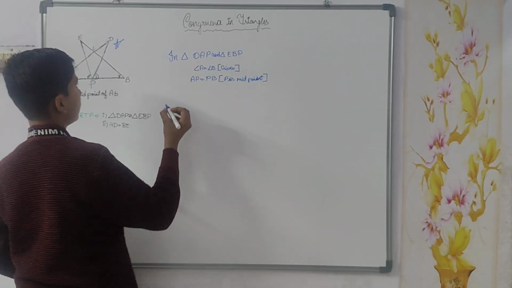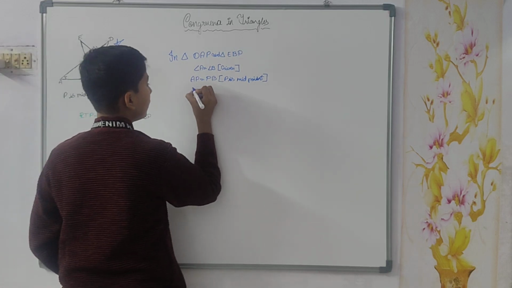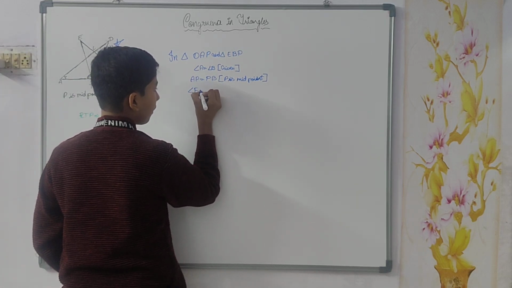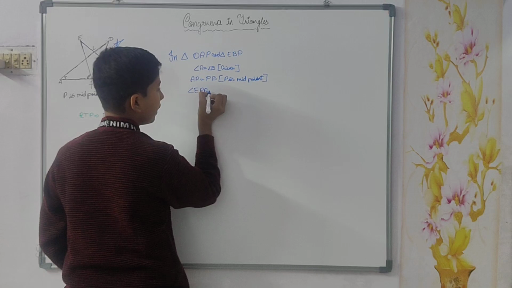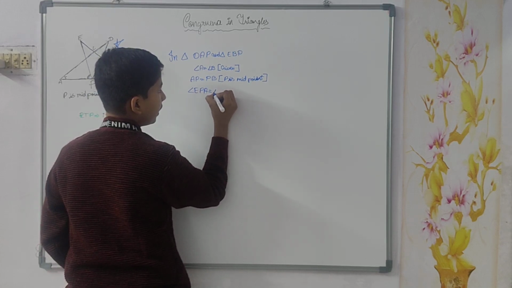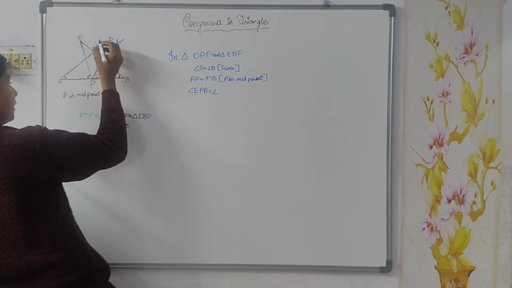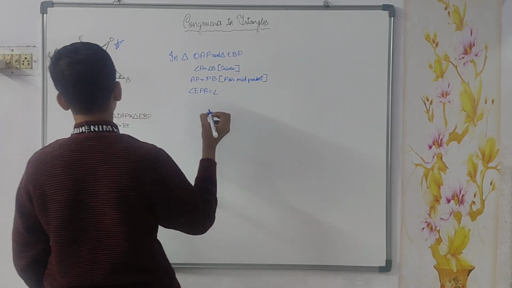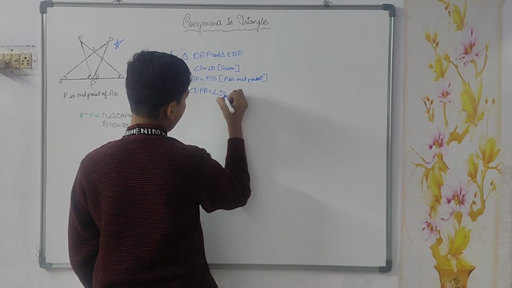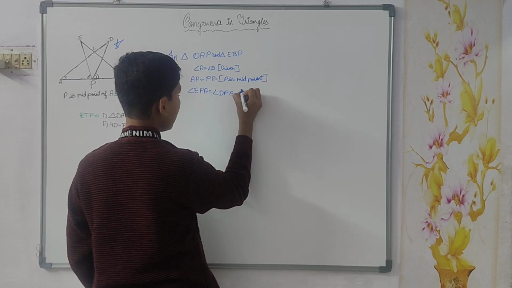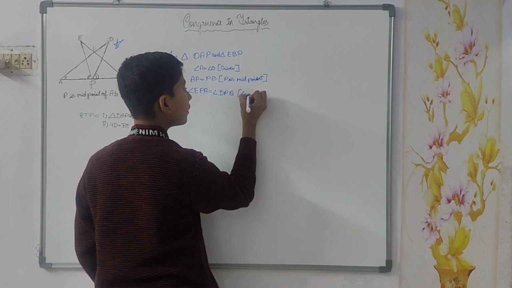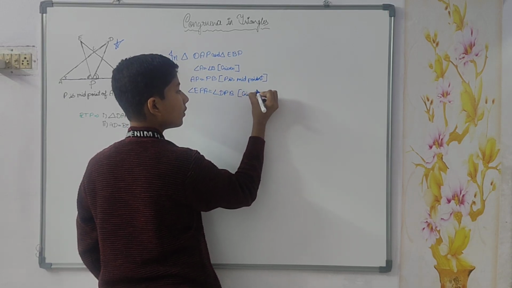So angle EPA equal to angle DPB. Here you will write given.